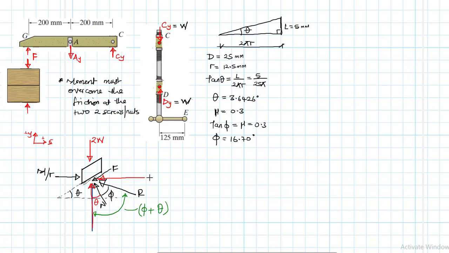So x is going to be equal to r sine of phi plus theta, and y is r cos of phi plus theta. With this information, we can apply the equations of equilibrium.